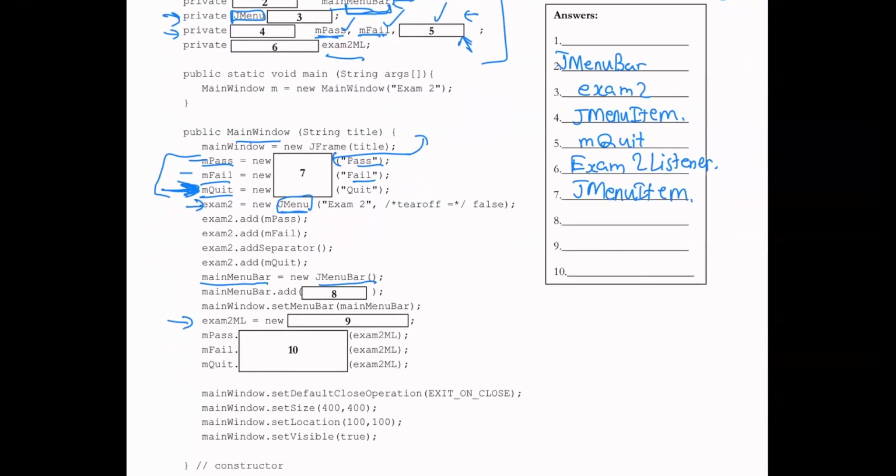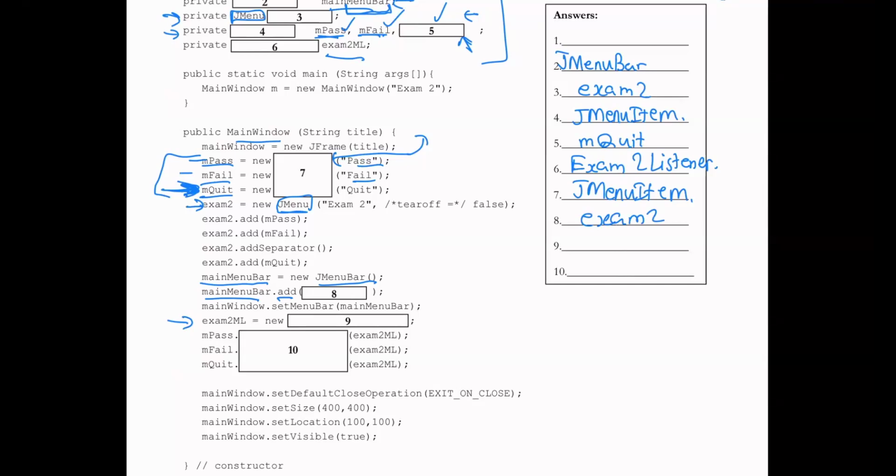Create the JMenuBar, and then menu bar add the menu. So what is our menu? Our menu is exam 2. All right. So menu bar add the menu, add the menu item. So it will be step by step.